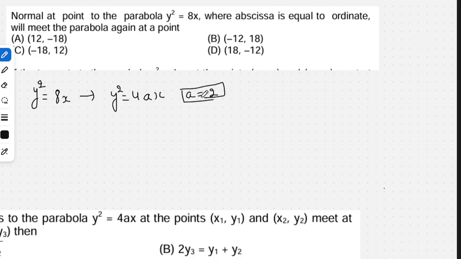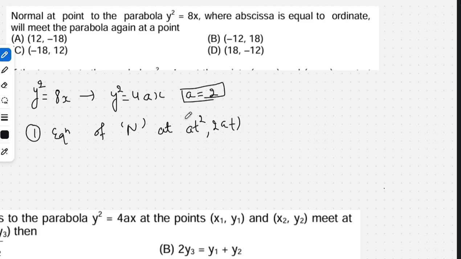Okay. So just like we have results for tangents of the parabola, we have results for the normal also. What are those results? There are many, but the results which are absolutely necessary to remember are three results. First result is equation of normal at a t square comma 2at.